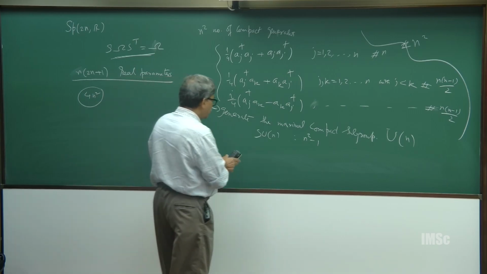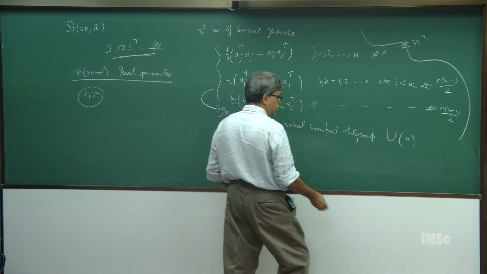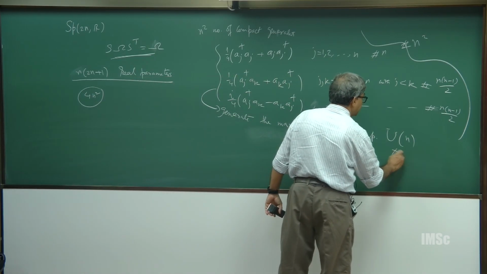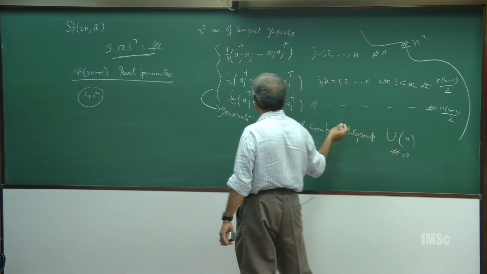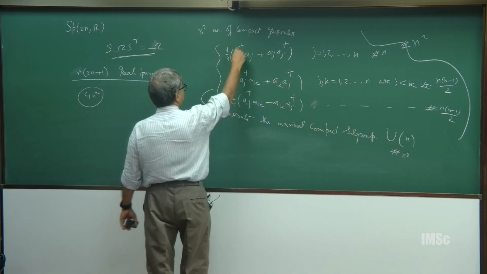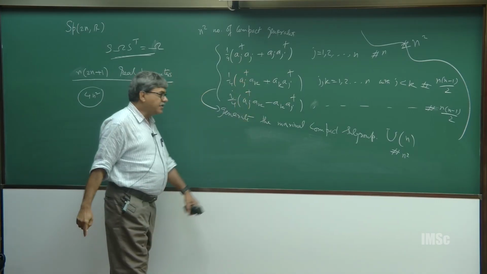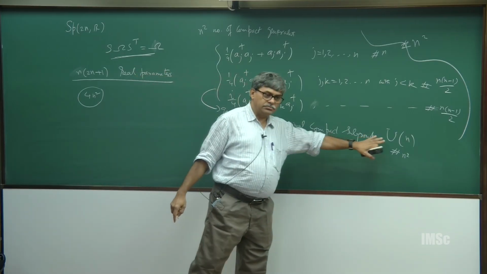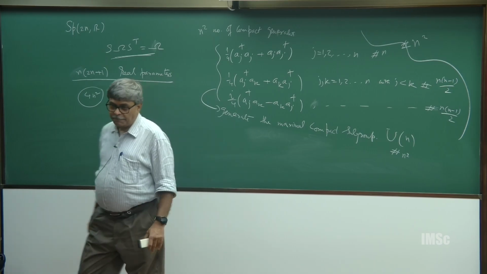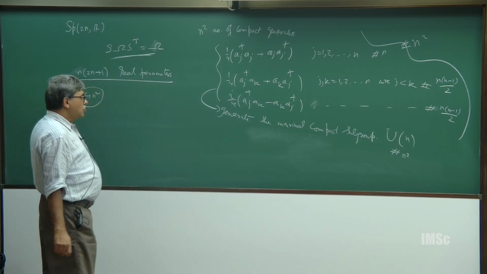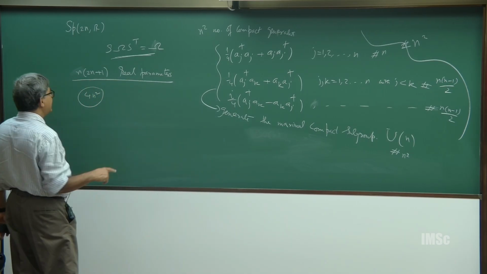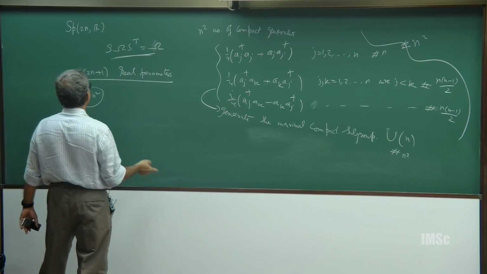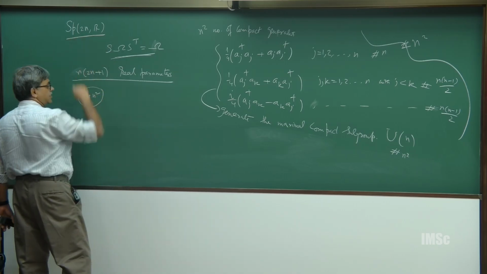So this is a compact group generated by the n square generators. So you see that U(n) is a compact subgroup of this group Sp(2n, R).